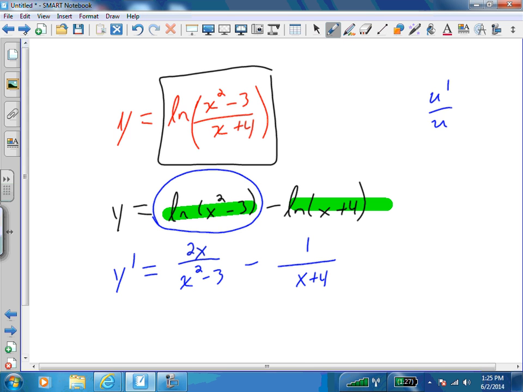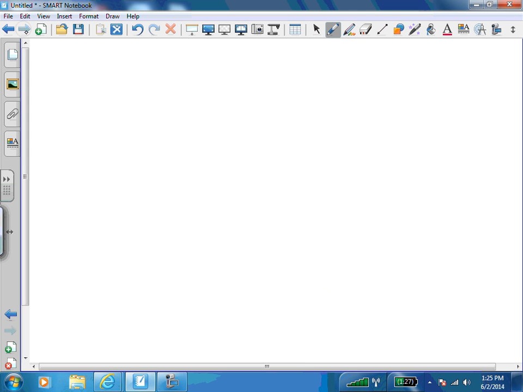All right. So with that piece of information there, there are times that we use properties of logarithms to make complicated derivatives a little less complicated.